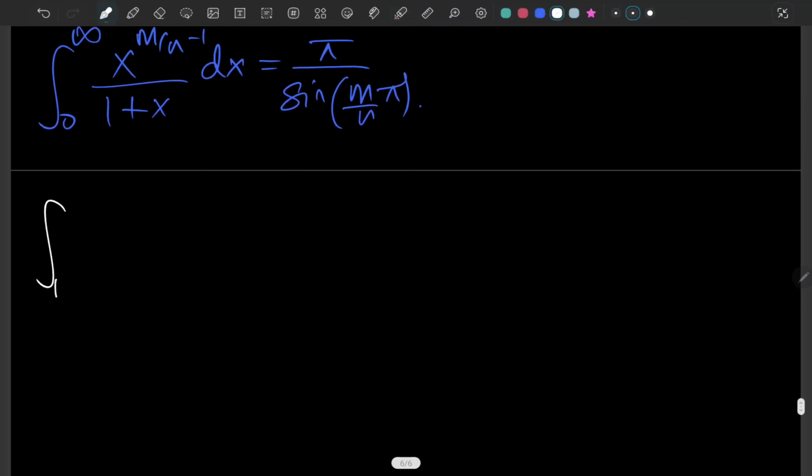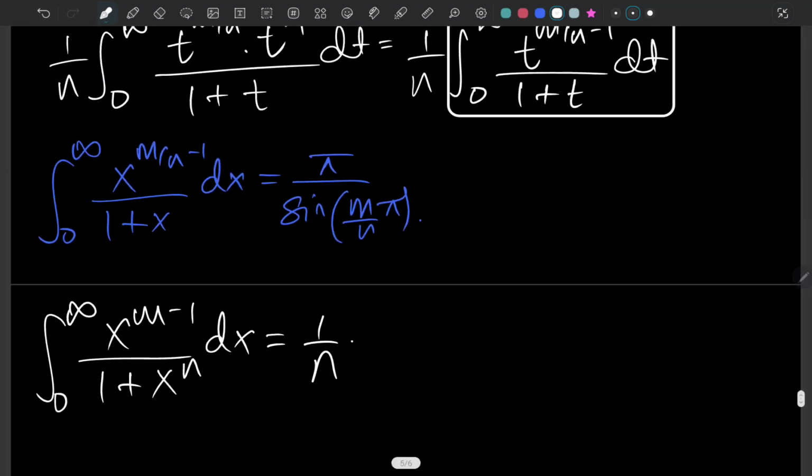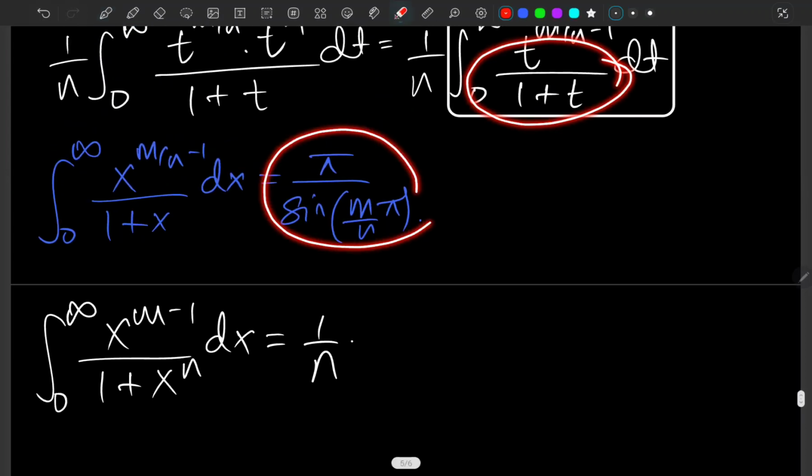So the integral from 0 to infinity of x to the m minus 1 over 1 plus x to the n dx equals 1 over n times this integral, and we can replace that integral with this result.